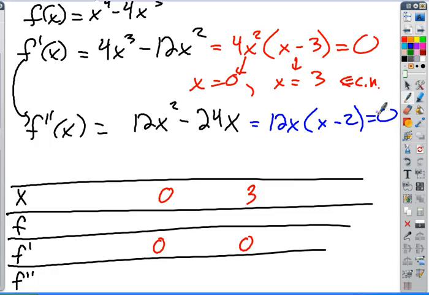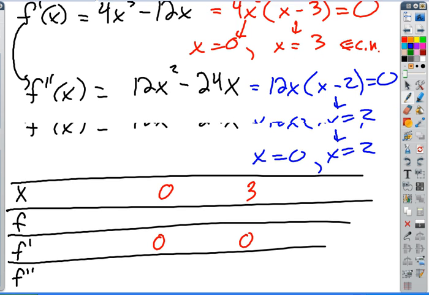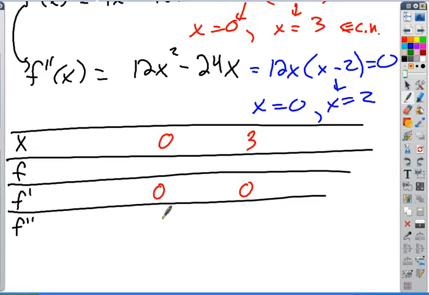What about where it equals 0? 2, or x equals 0. Okay, so what's going on there? Then we get a double critical number. X equals 0 is a critical number of both the first and the second derivative. At 2, we get a second derivative critical number.